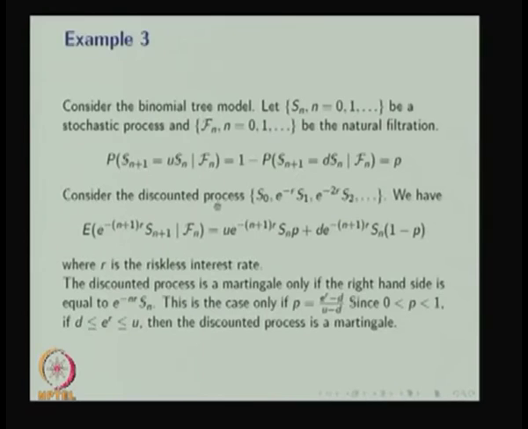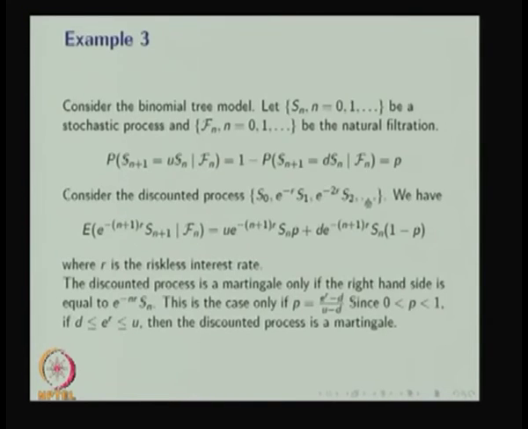Now I am considering the discounted stochastic process, that is nothing but e power minus r t times S(t). Since it is a discrete time stochastic process, the first S1 is multiplied by e power minus r, whereas the second random variable S2 is multiplied by e power minus 2 times r, and so on.